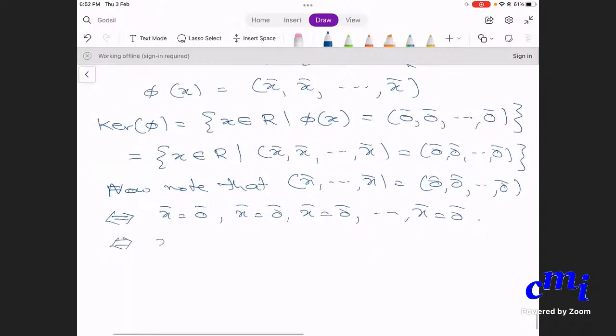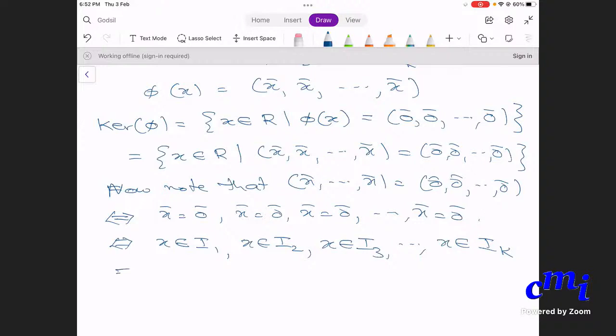This means that x minus 0 belongs to I1. This says x minus 0 belongs to I2. The third one says x minus 0 belongs to I3. And so on, up to the last one, which says x minus 0 belongs to Ik. This is an if and only if condition for x bar to be 0 bar in R mod I1, in R mod I2, up to R mod Ik.